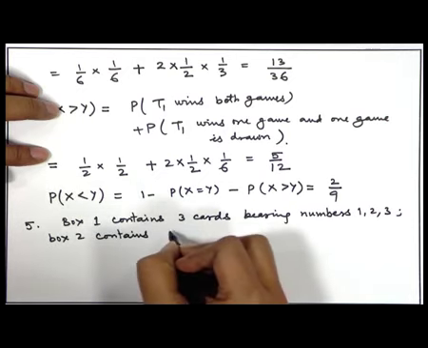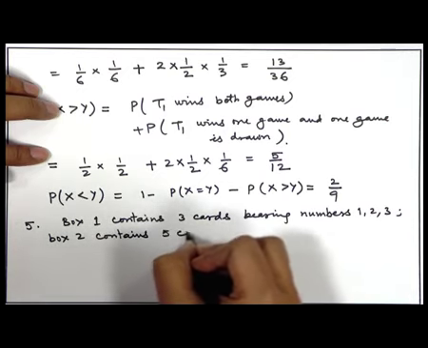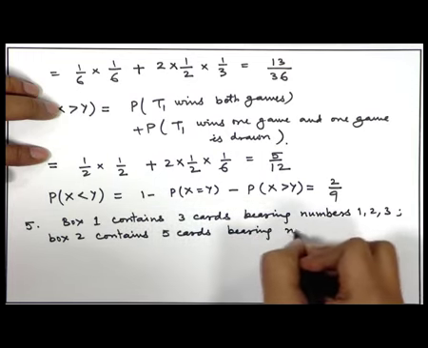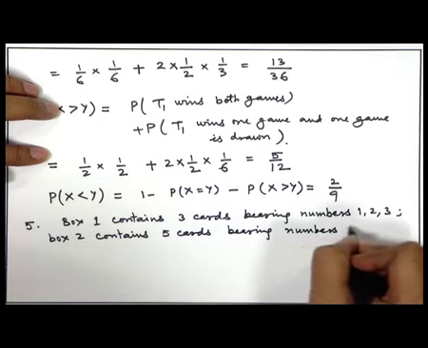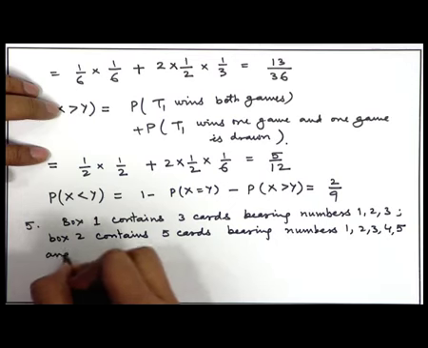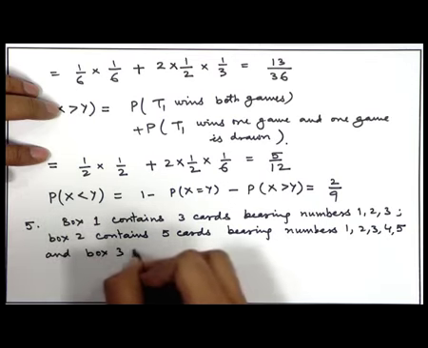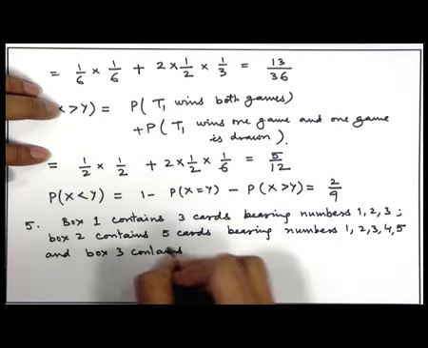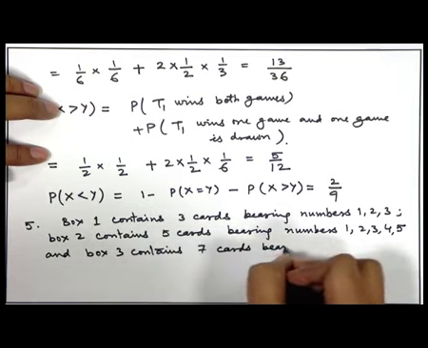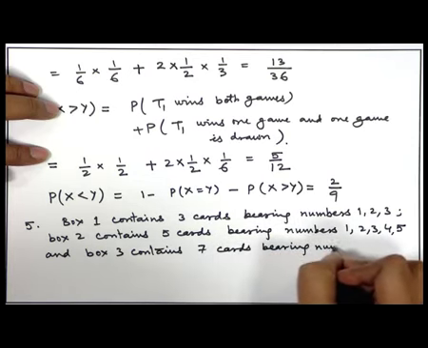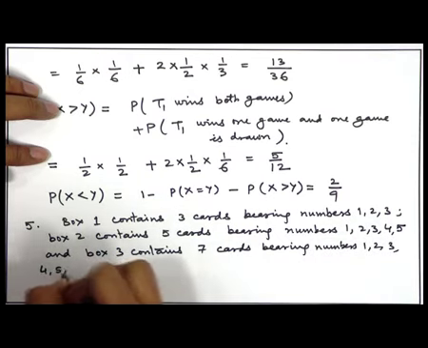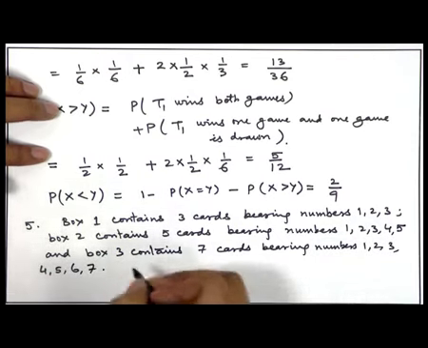Box 2 contains 5 cards bearing numbers 1, 2, 3, 4, 5, and box 3 contains 7 cards bearing numbers 1, 2, 3, 4, 5, 6 and 7.